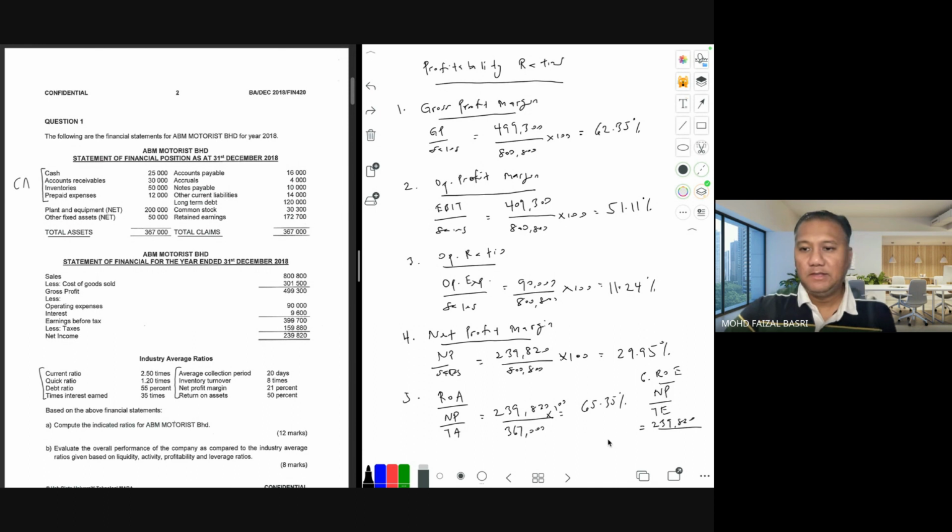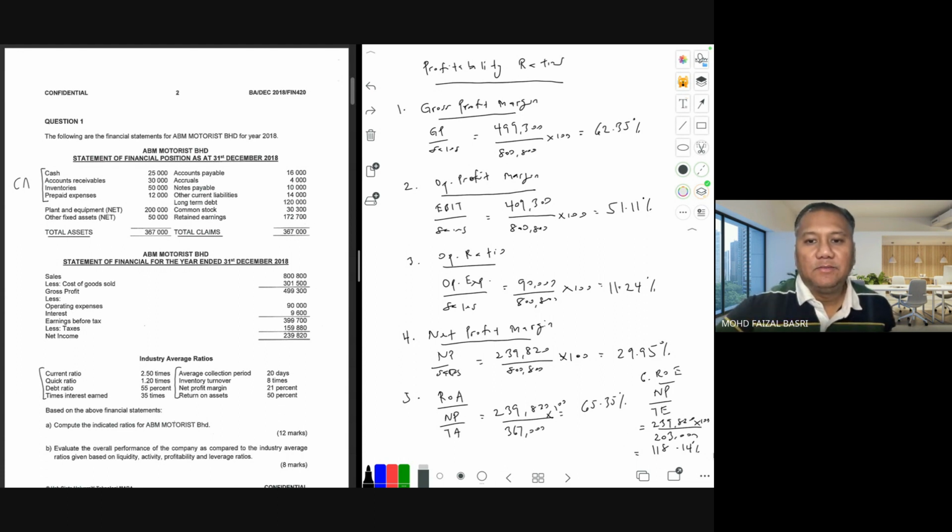So 203,000. Okay, darab 100. So 239,820 divided by 203,000. So kalau you darab 100, the ratio is about 118.14%.